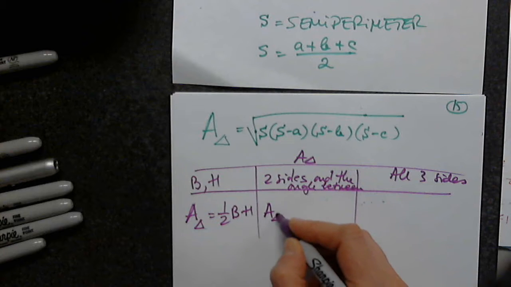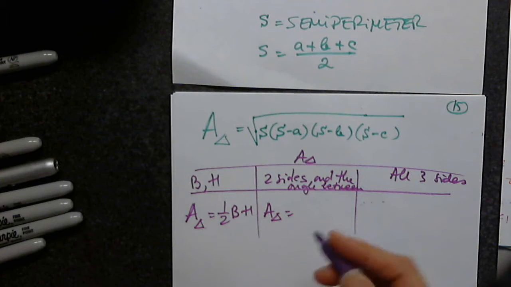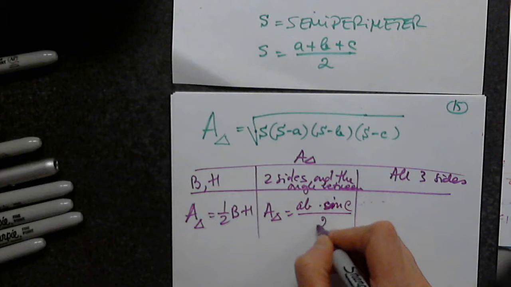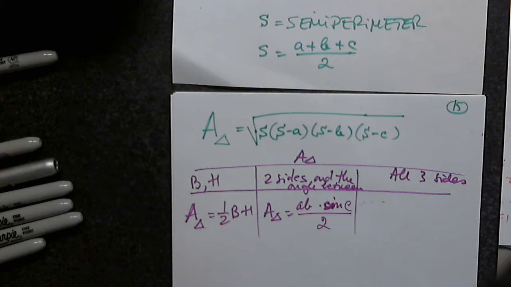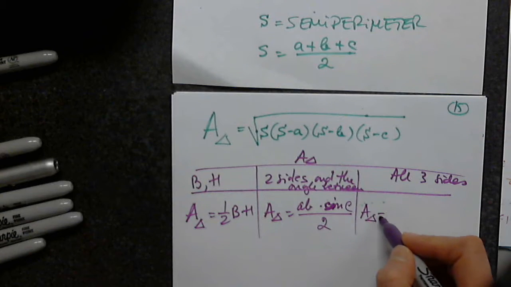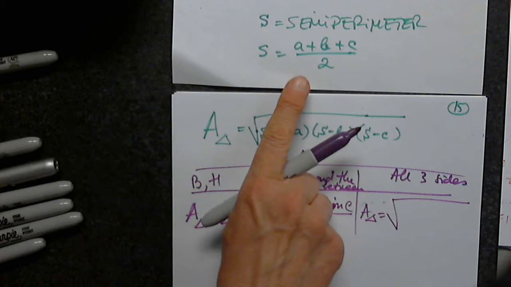The area of the triangle, when we know two sides and the angle in between, we've done that a long time ago: a times b times sine C divided by 2. And for all three sides, the area of the triangle is, but I have to calculate the semi-perimeter.